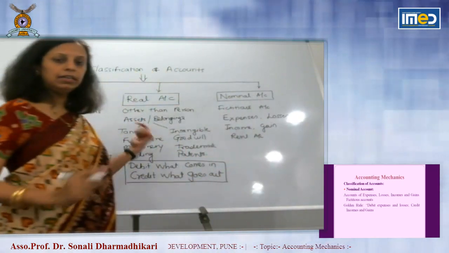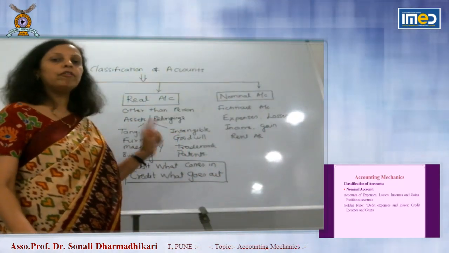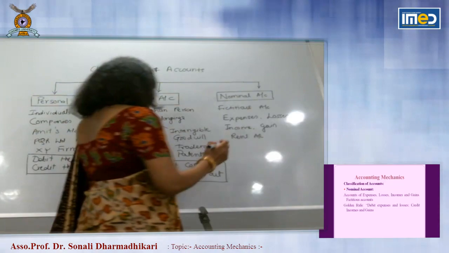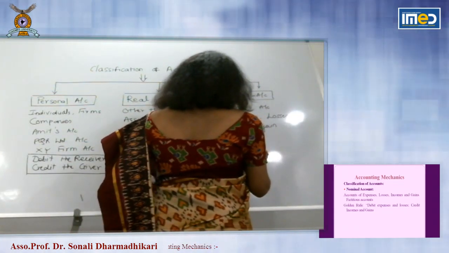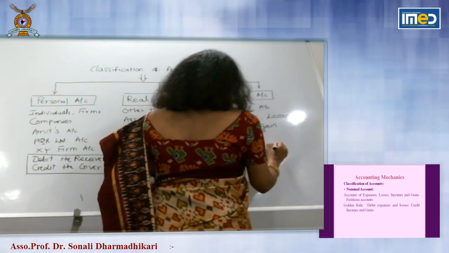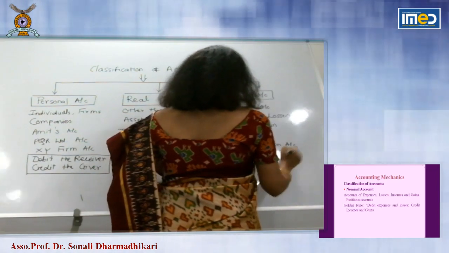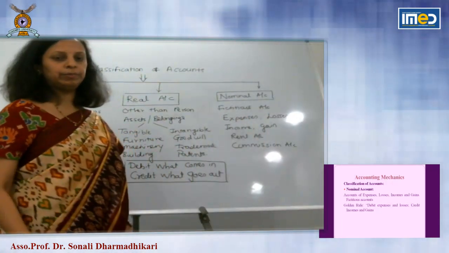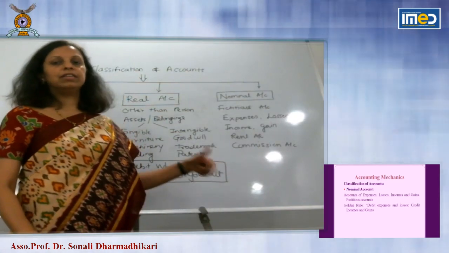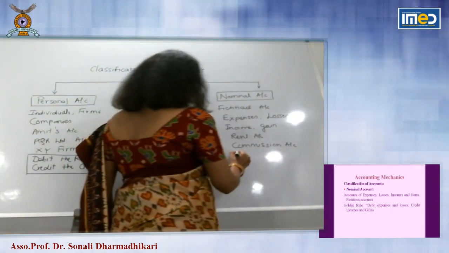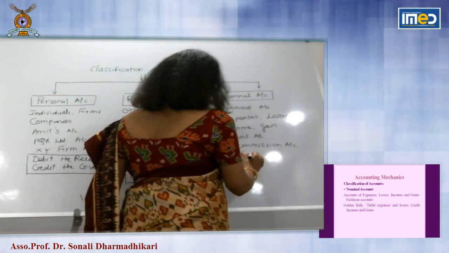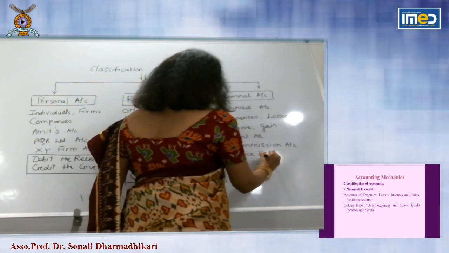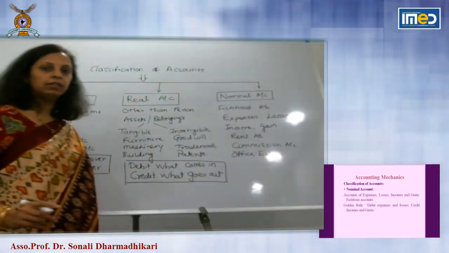Rent can be income or expenditure of business. So, rent account, commission account, n number of expenses, electricity expenses, telephone expenses, office expenses, all these accounts come under nominal account.